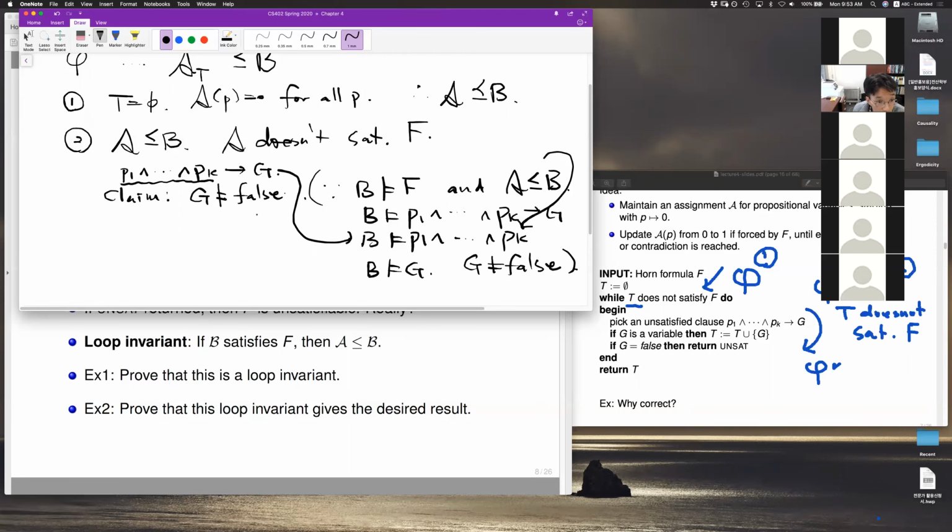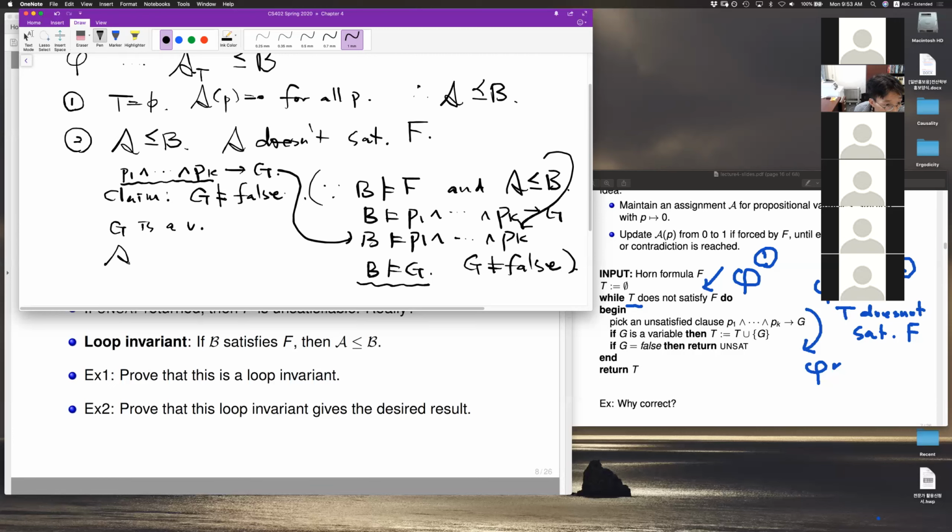So now G is not equal to false. So G should be a variable. Because B satisfies G, including this variable G inside T is not going to change this order relationship.